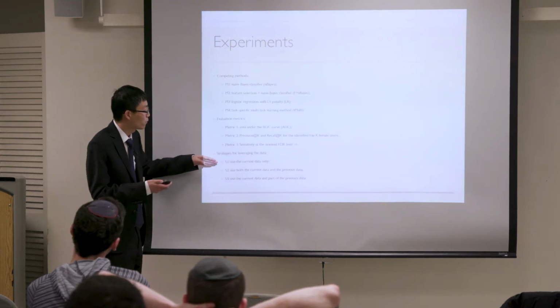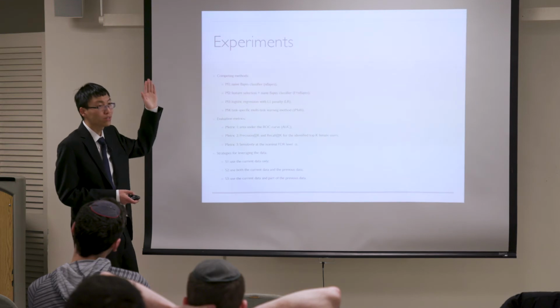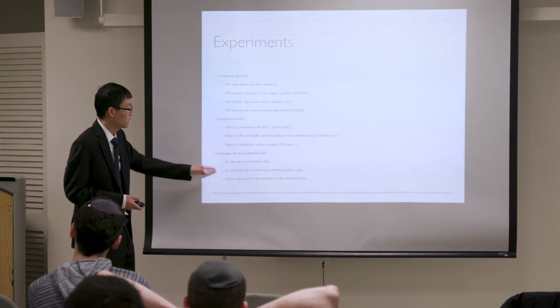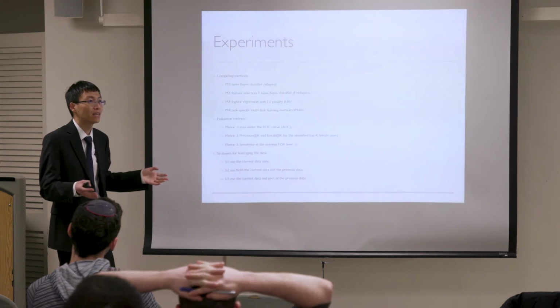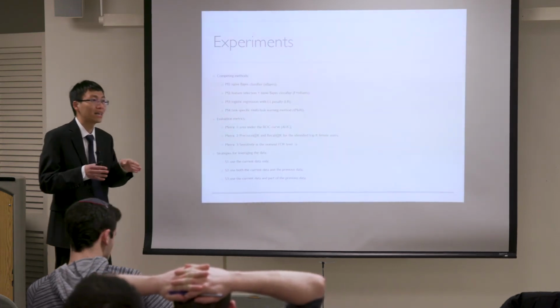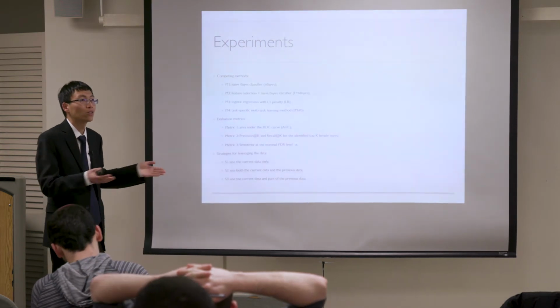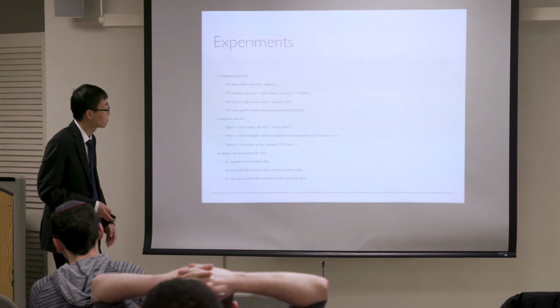So we try different strategies. The first one is we use only the most recent data. The second one, we use all the historical data we have, and we put them together and train a model. The third one is we use the most recent data and half of the historical data. So we put them together and train it.